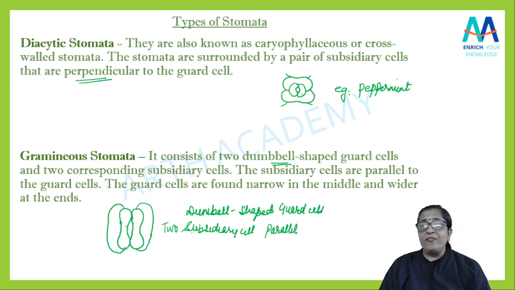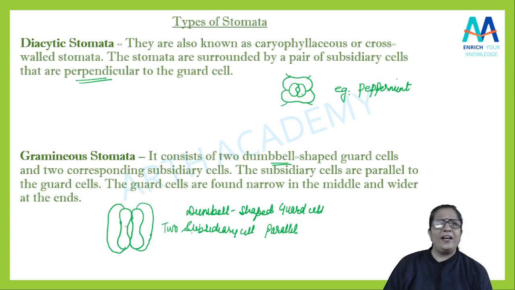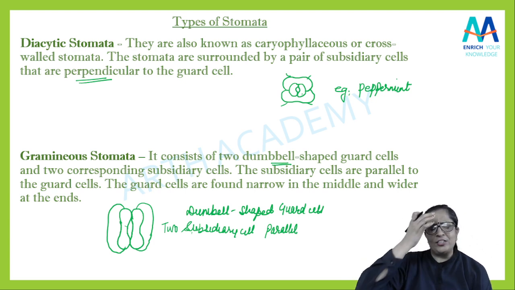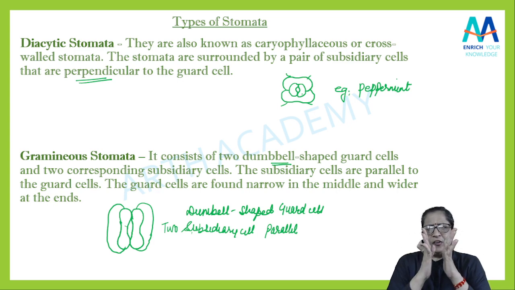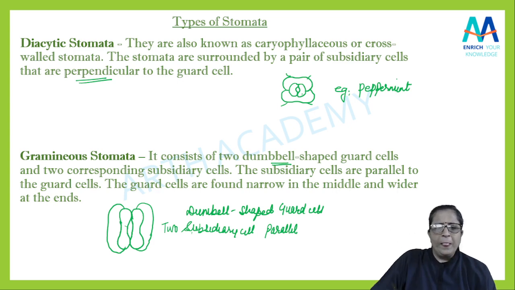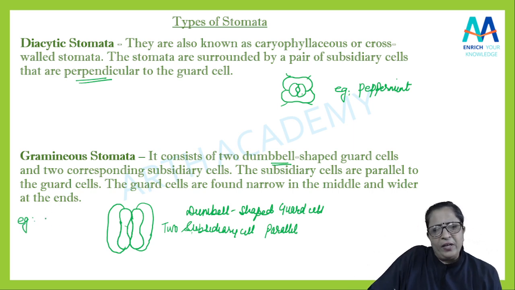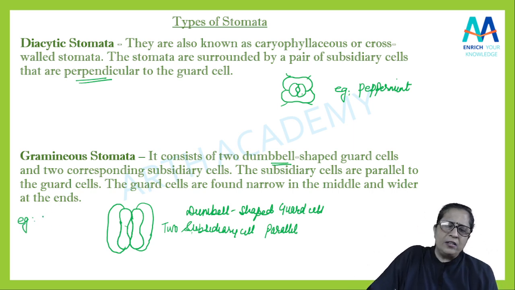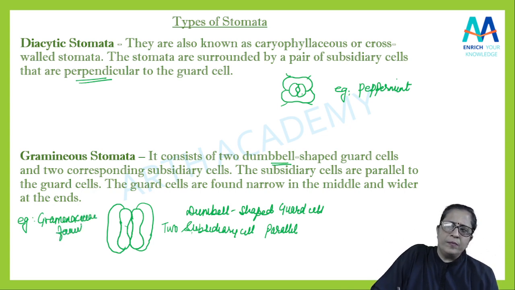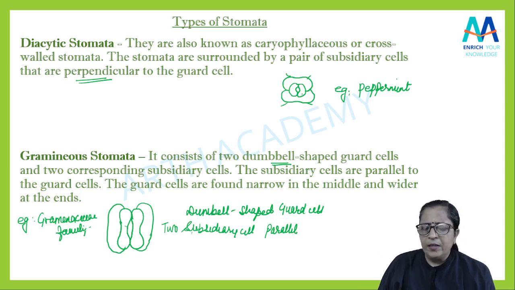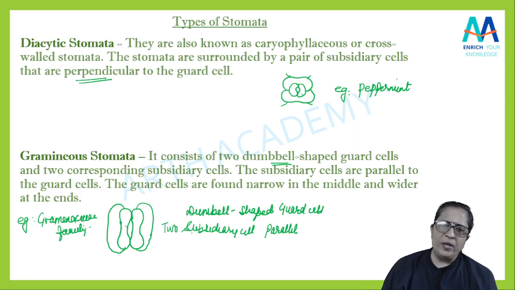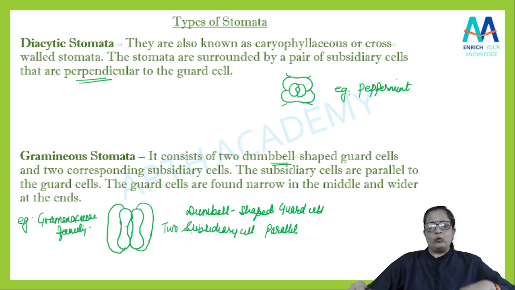The guard cells are found narrow in the middle and wider at the end. So that is the shape of the dumbbell only. Example of such type of stomata, you can find it in the family that is called the Graminaceae family. So these are the 5 different types of stomata.